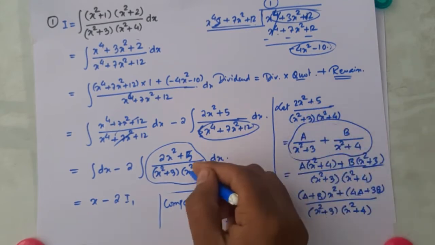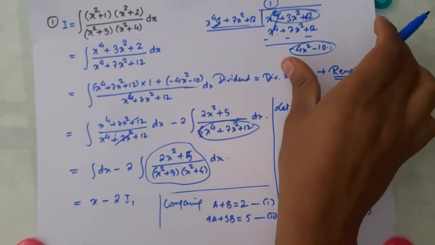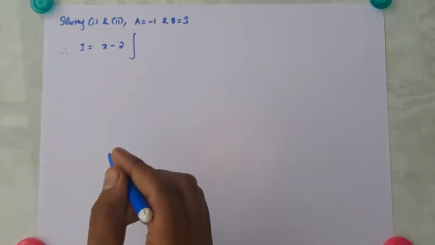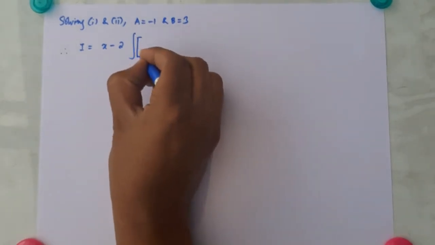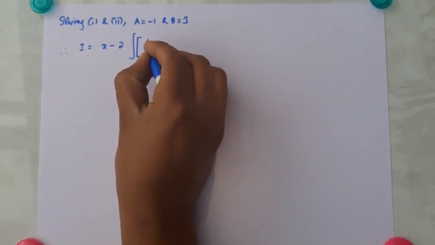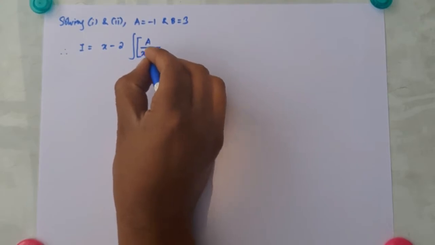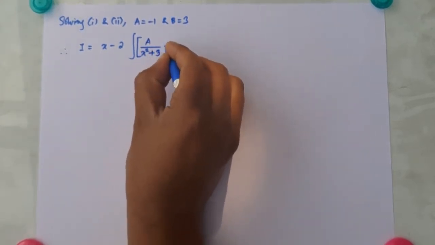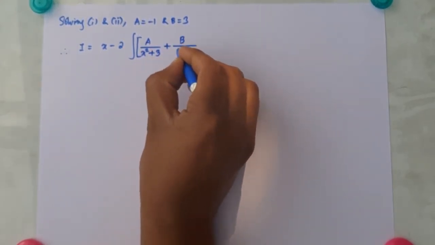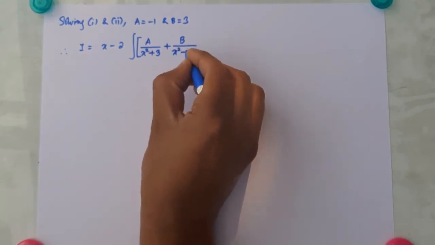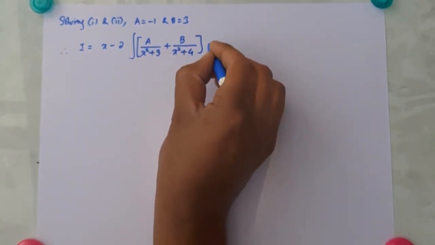So instead of this, I'm writing this now. Okay, so if I do that, then I can write this integral as a by x square plus 3 plus b by x square plus 4. Okay, and we have got dx.